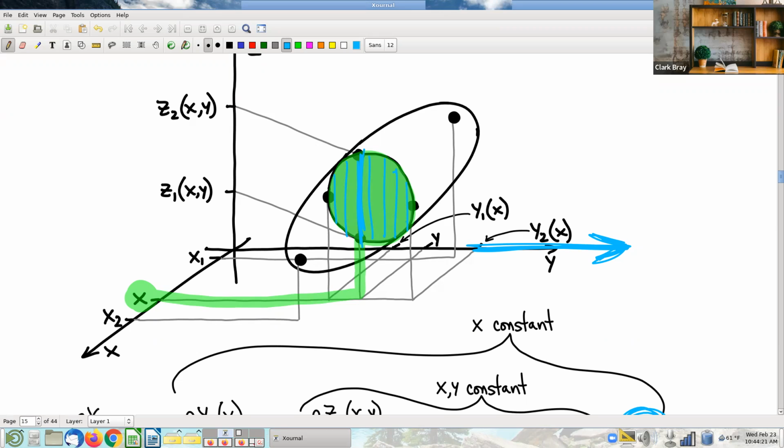Okay, so that being noted, our first slice we will notice is there. And whatever the y coordinate of that point is, that is going to be our lower bound for y.